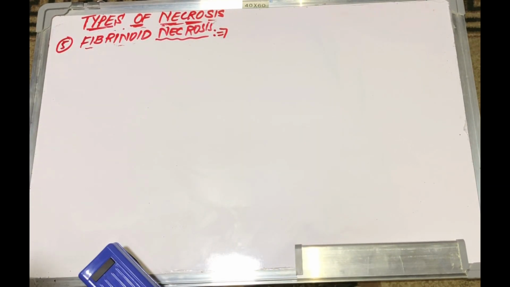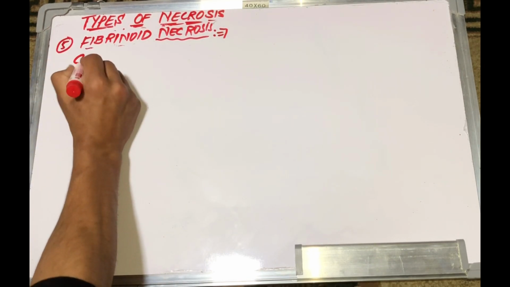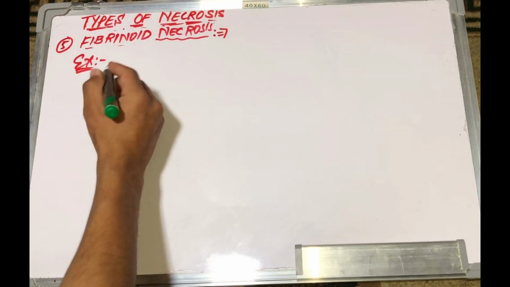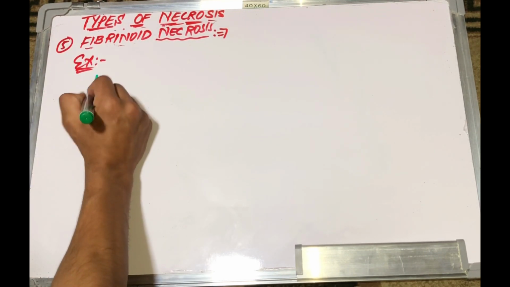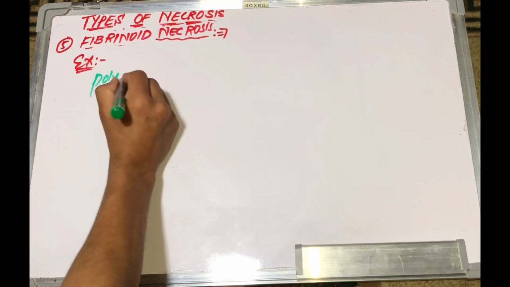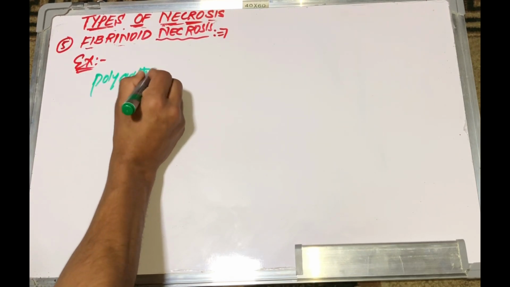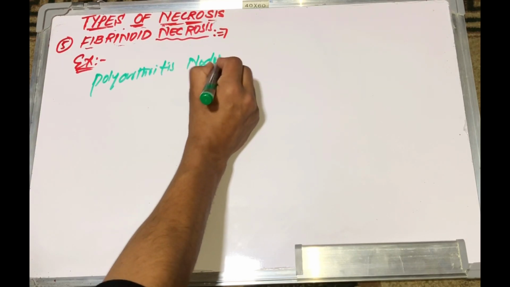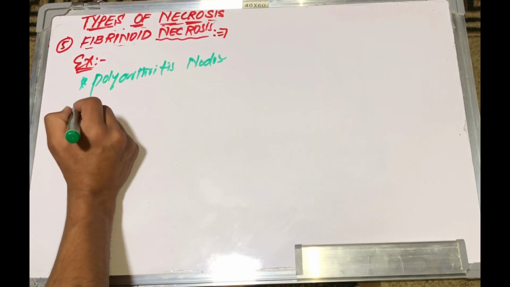Now we will discuss examples of fibrinoid necrosis, where it occurs. Fibrinoid necrosis may also occur in a disease called polyarteritis nodosa.